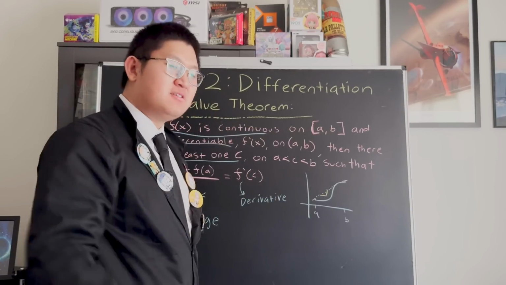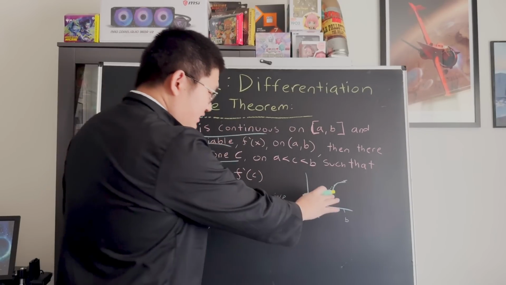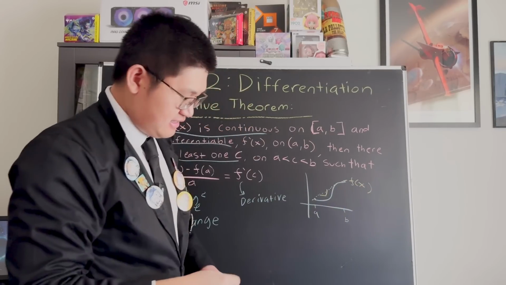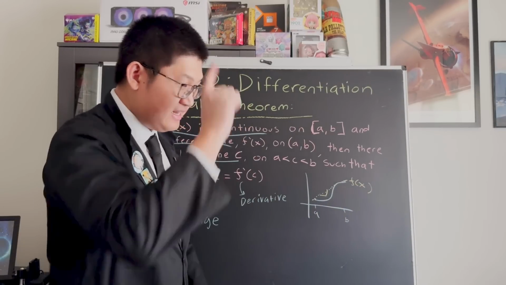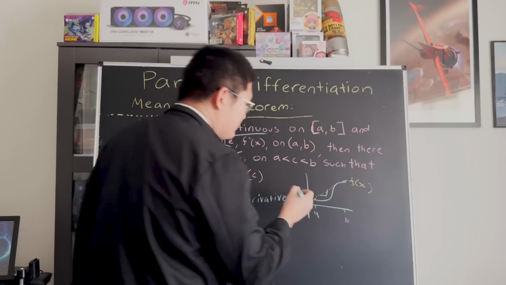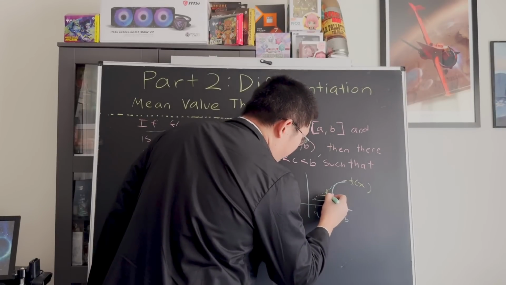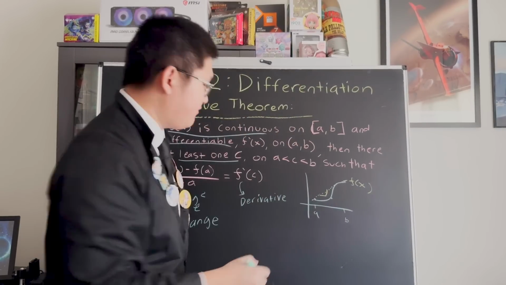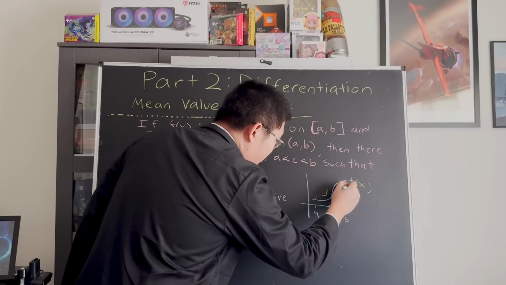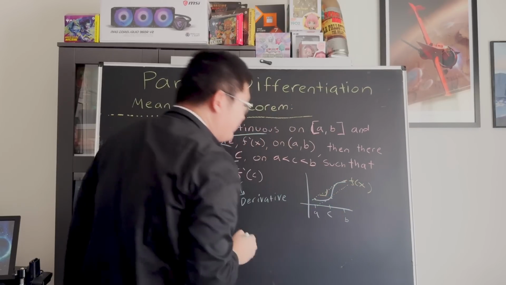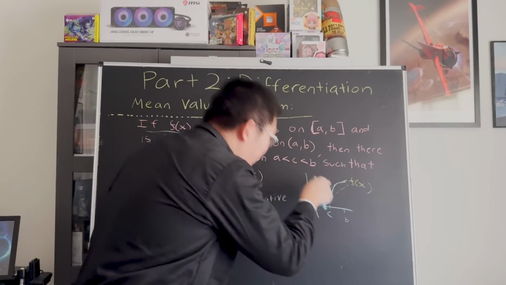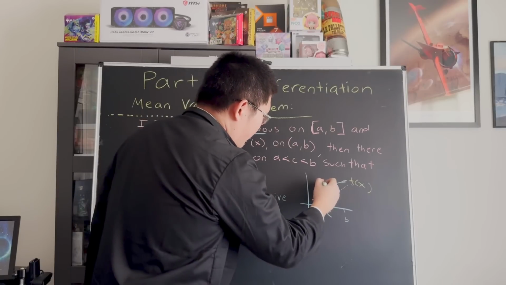Well, thanks to mean value theorem, given that this function, if we call it f of x right here, is a continuous and differentiable function, it is guaranteed, capital G, guaranteed that there is going to be at least some point somewhere on the graph which we will call point C, that if we took the tangent line, the slope specifically on that singular point, it's going to be exactly, and I mean exactly equal to the actual average rate of change.